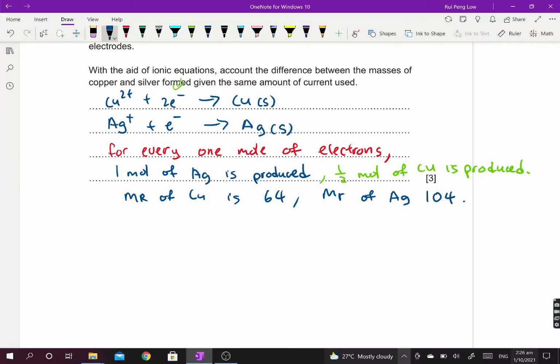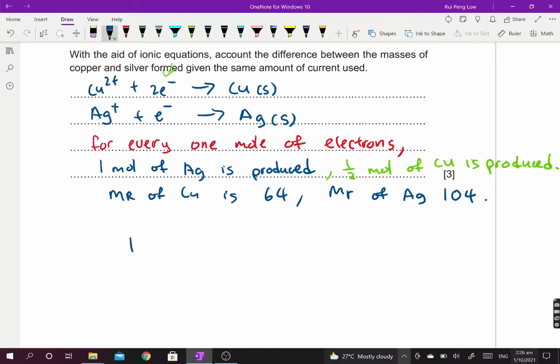So what does this mean? This means that 1 mole of electrons will produce 1 mole of silver, which is 108 grams of mass.